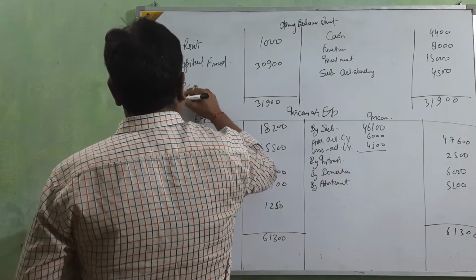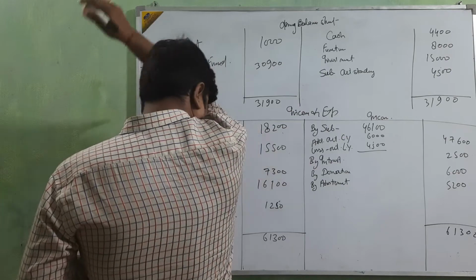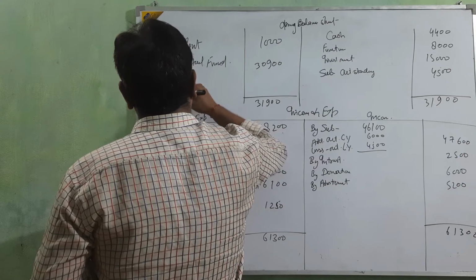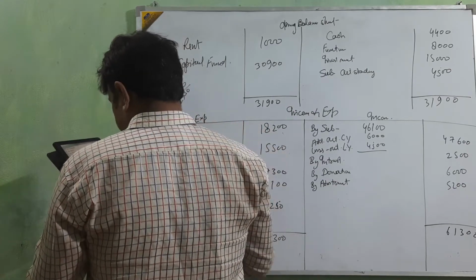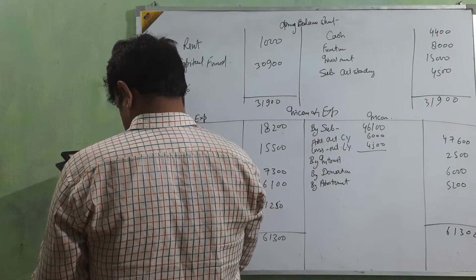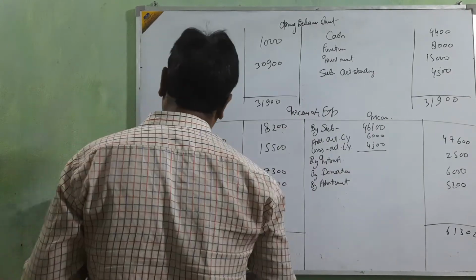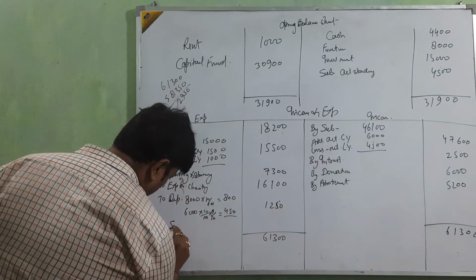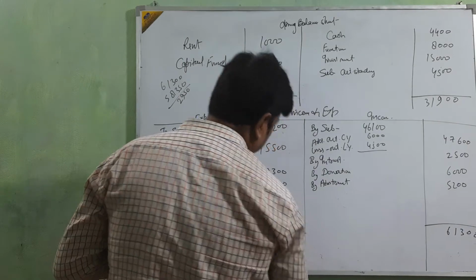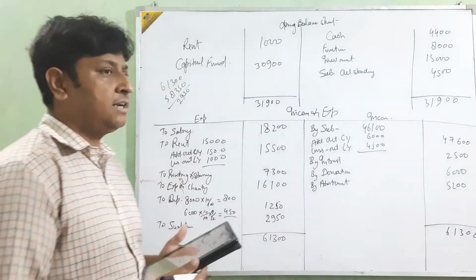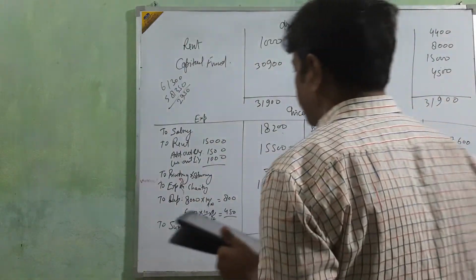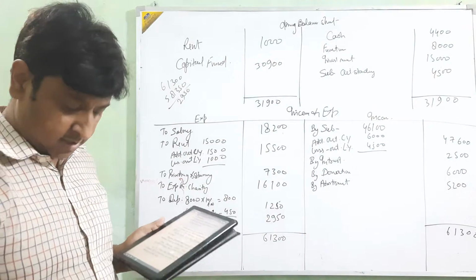The difference is surplus 2,950. Okay beta? Came? See the answer. Came or not? Clear?